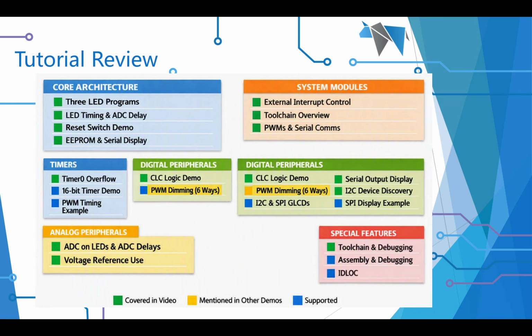And then we've gone through many of the modules in terms of the CLC, PWM, I2C, and I haven't gone through all the demonstrations of the GLCDs. There's 35, maybe 40 of them. I just picked 2. We've seen serial, I2C, SPI, lots of different examples out there.